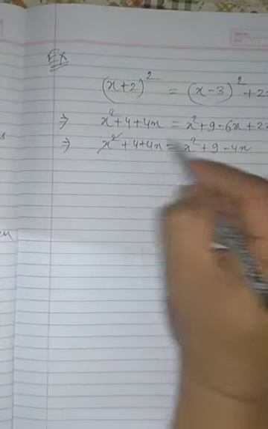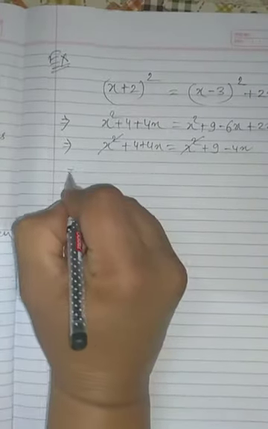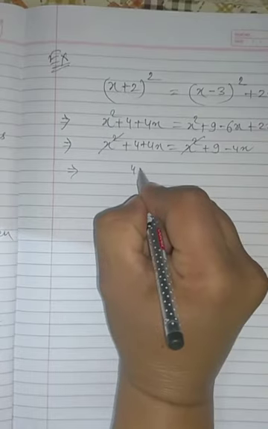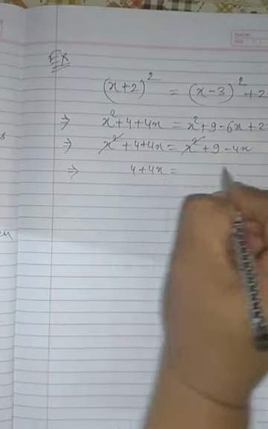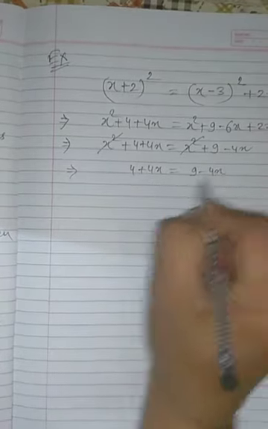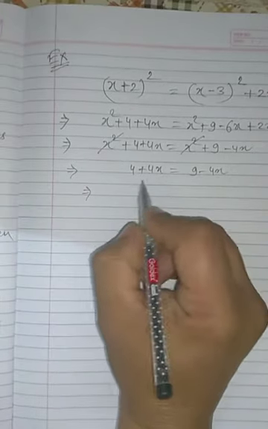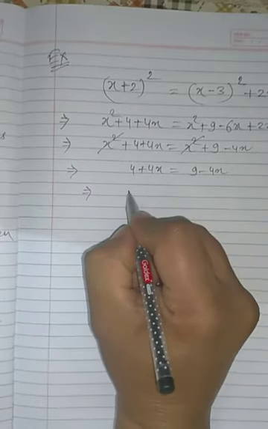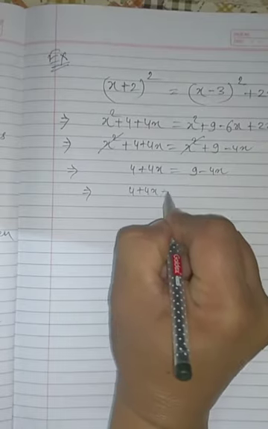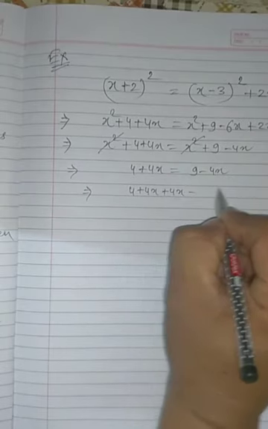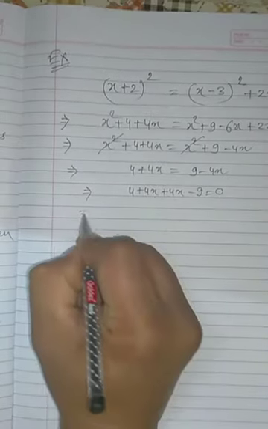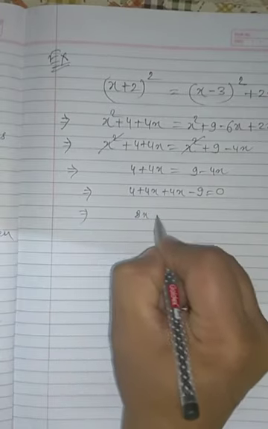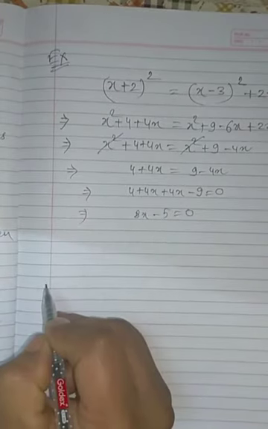And here we can cancel x square. So you can see it has now become 4 plus 4x is equal to 9 minus 4x. That means 4 plus 4x plus 4x minus 9 equal to 0. So it has become 8x minus 5 equal to 0.